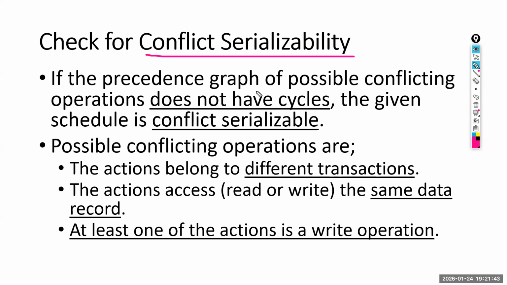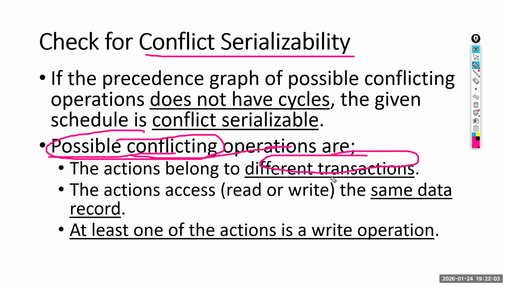It's very easy. You first need to identify the possible conflicting operations. What are possible conflicting operations? The two operations must be from different transactions, they must involve the same data item or record, and at least one must be a write operation.